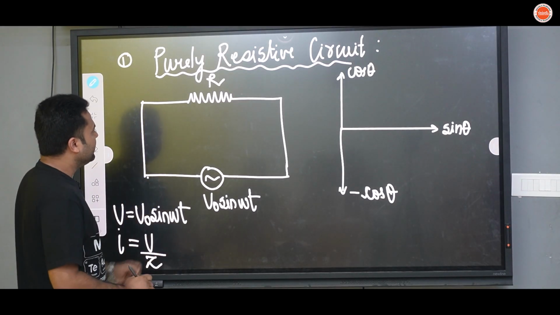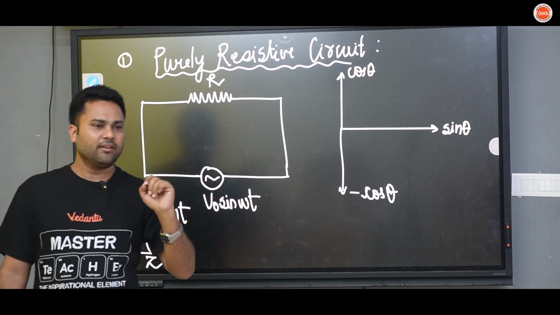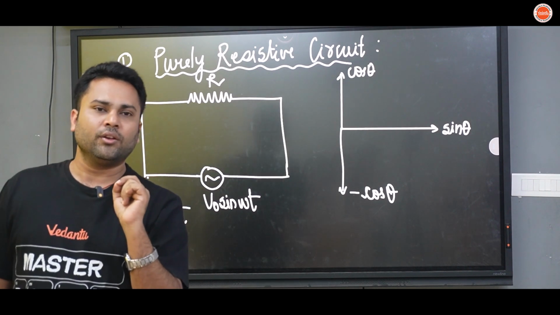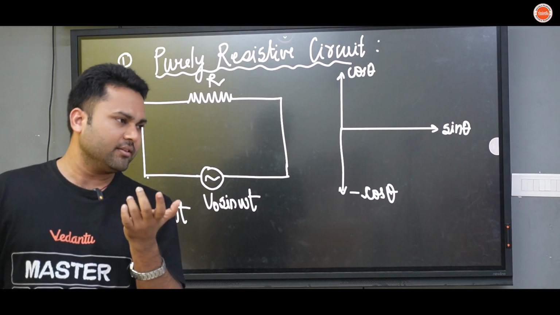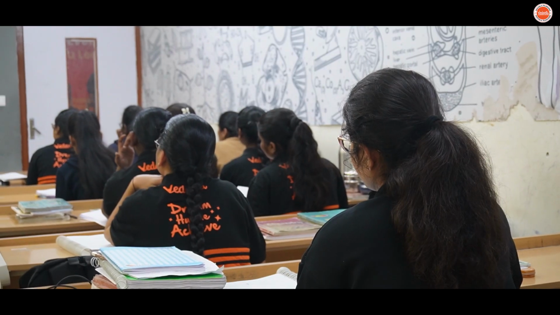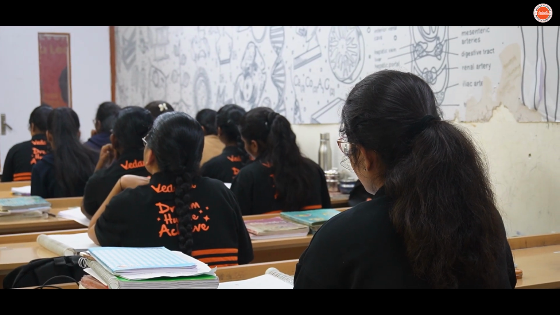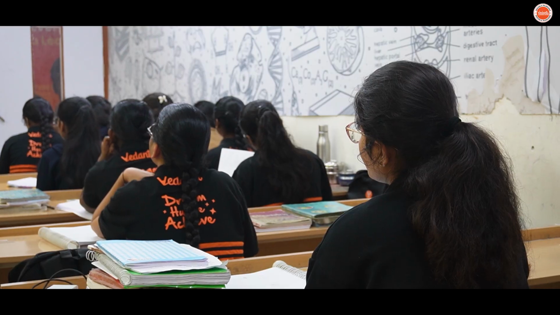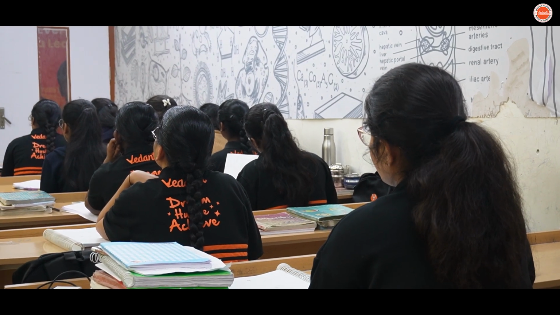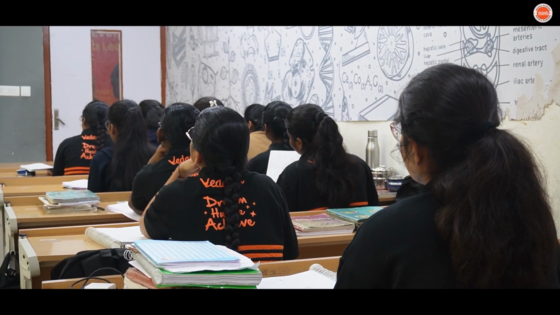Now here XL is not there, XC is not there, so net resistance will be just R. You can put the formula from here and check. XL is not there, XC is not there, so 0. Under root only R square is there, so it is R.